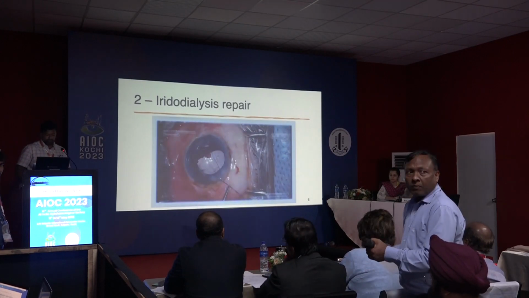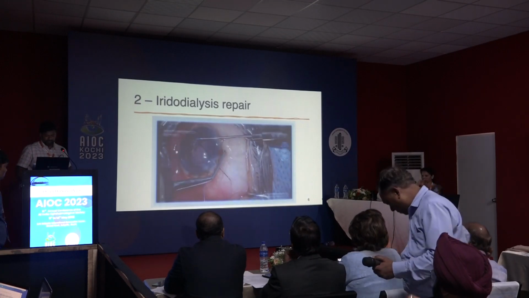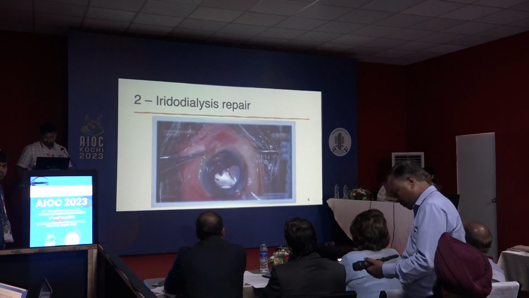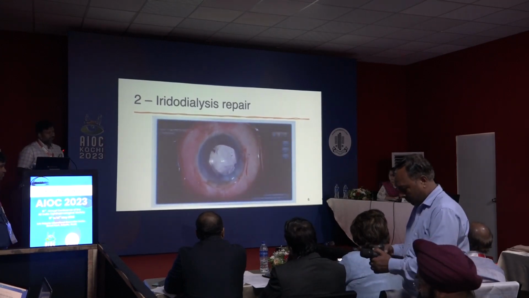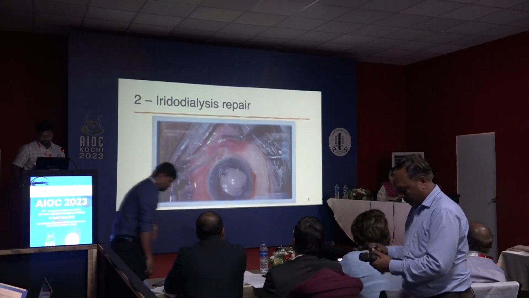It is brought out of the main tunnel, and again with the same needle a U-turn is made and it is passed inside and exteriorized ab interno. Similarly, once you pull the sutures on the exterior, proper approximation is achieved. The sutures are trimmed, flanged, and then buried.